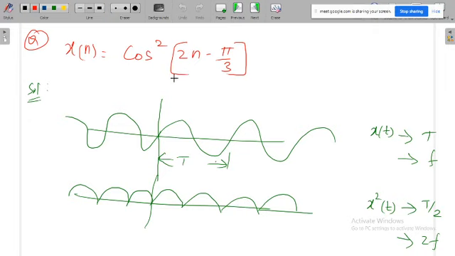Suppose the question is given in a different manner, and suppose pi is there, then it would have been periodic. Then we have to calculate the period of the signal. Okay, next question.